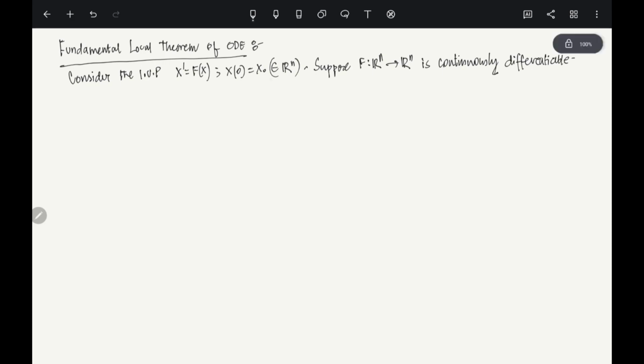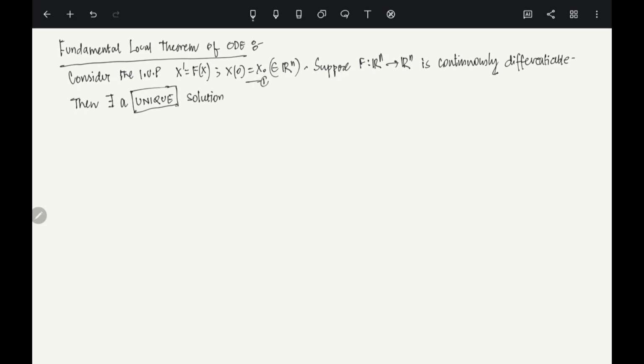So you are given this equation, and the condition which I am asking, this very minimal condition, is that f has to be just continuously differentiable. If that is the case, then you can guarantee that there exists a unique solution, a very important word, unique. Let's put it in a box.